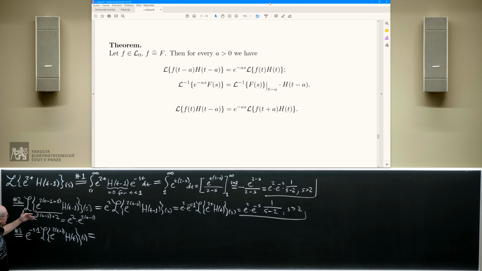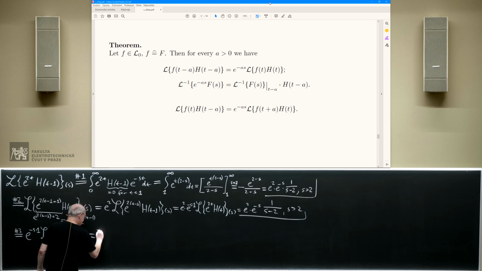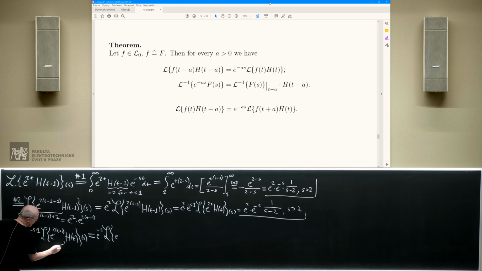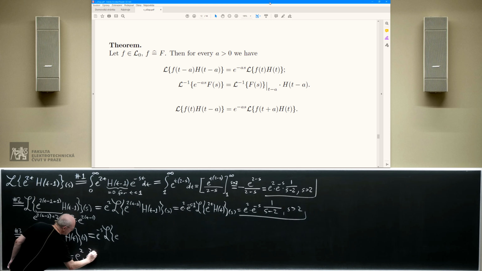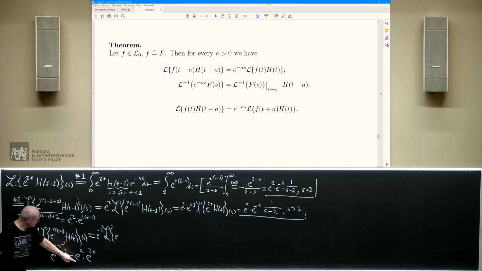But we are almost done, because e to the 2t plus 1 is not in our dictionary. So again, we have to do some algebra. e to negative s, Laplace transform, and this is e to the 2t plus 2, which is e squared times e to the 2t. And again, e squared is a constant. I can pull it out.